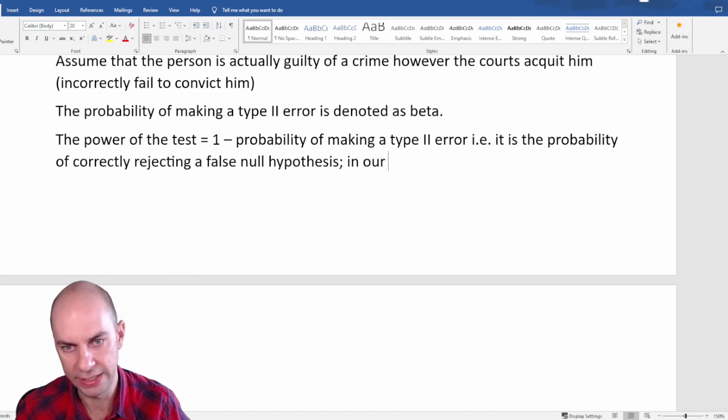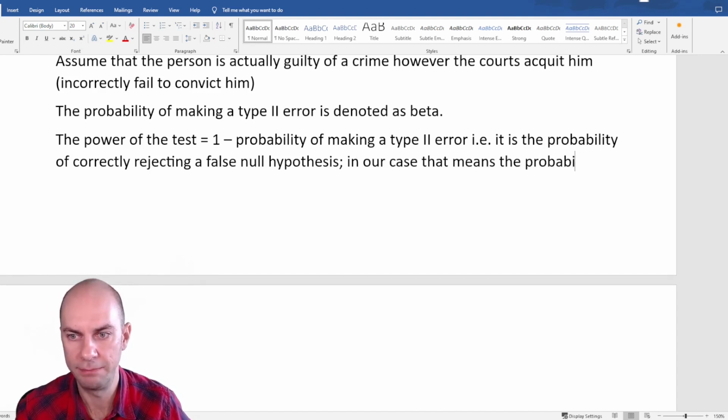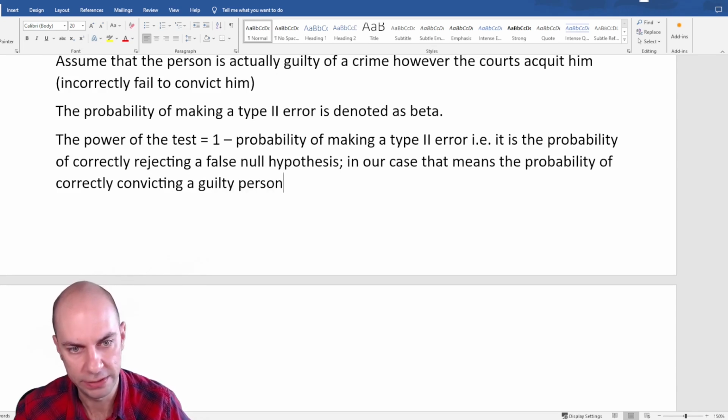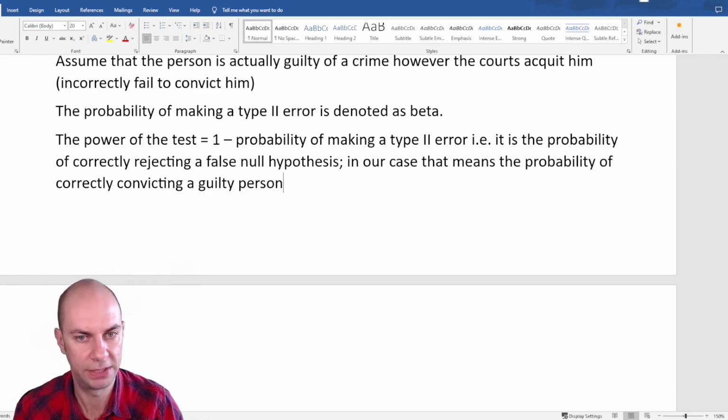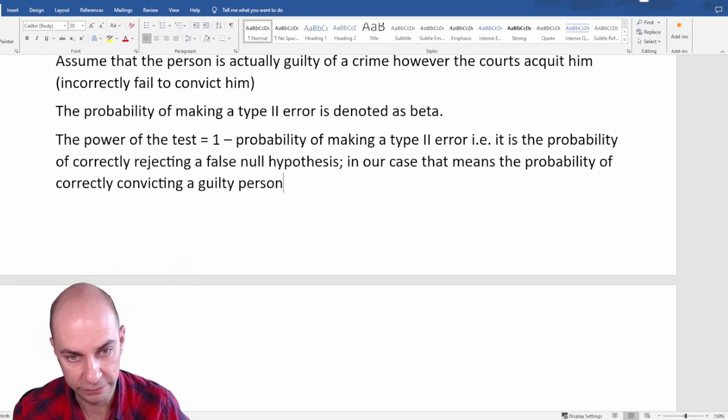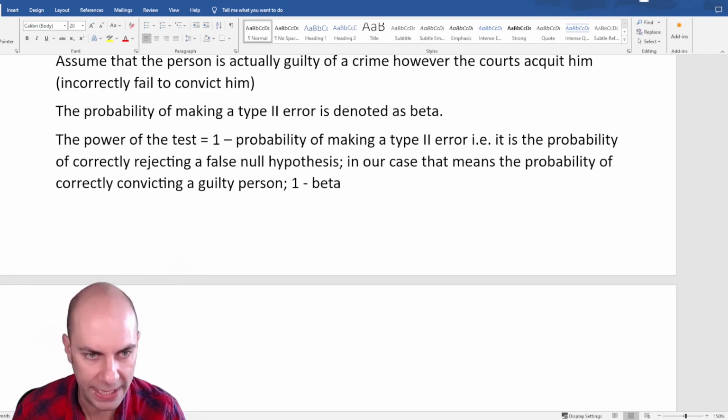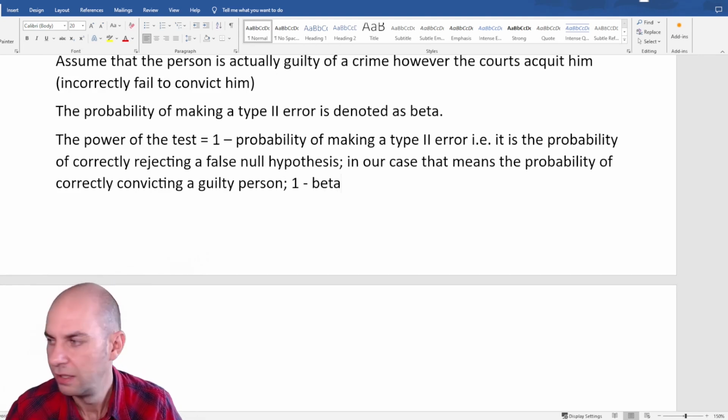So in our case, that means the probability of correctly convicting a guilty person. So that's the power of the test, mathematically denoted as 1 minus beta, right? Because remember, beta was the probability of making a type 2 error.